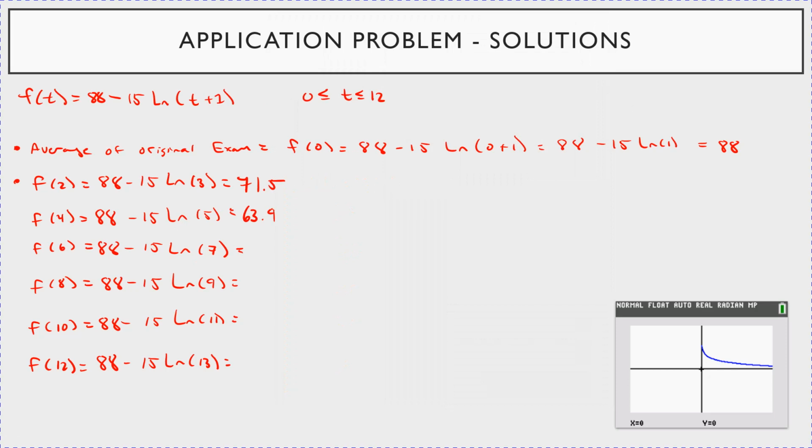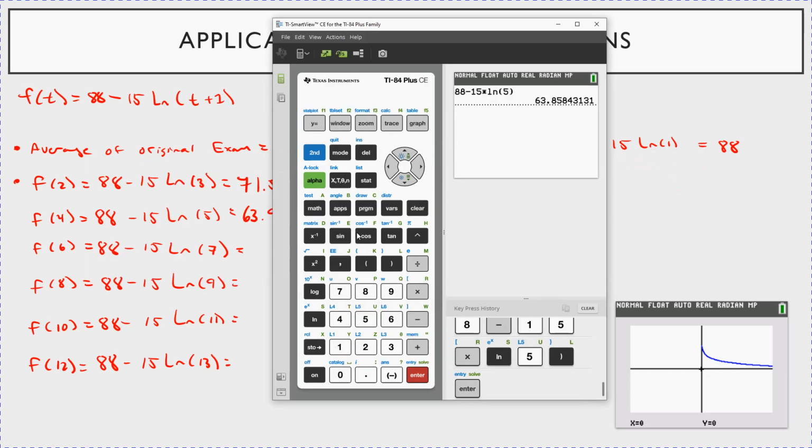So what is going on here, right? Now we're at 6 months later, 88 minus 15 times the natural log of 7. Look, it's like 58.8.